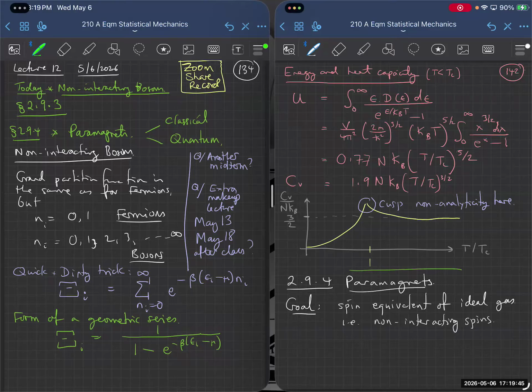So they're non-interacting spins, but they can interact with external fields. And so in this section we're going to look at the quantum and classical behavior of magnetic dipoles, which are what spins are.